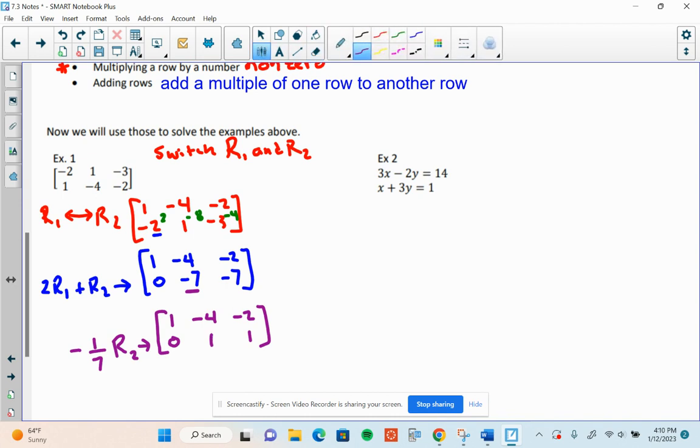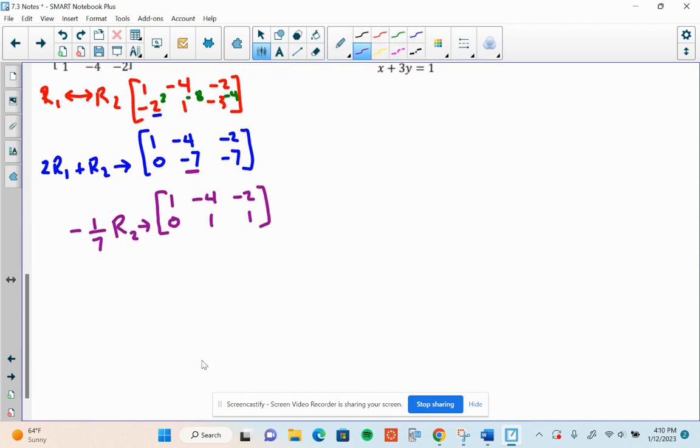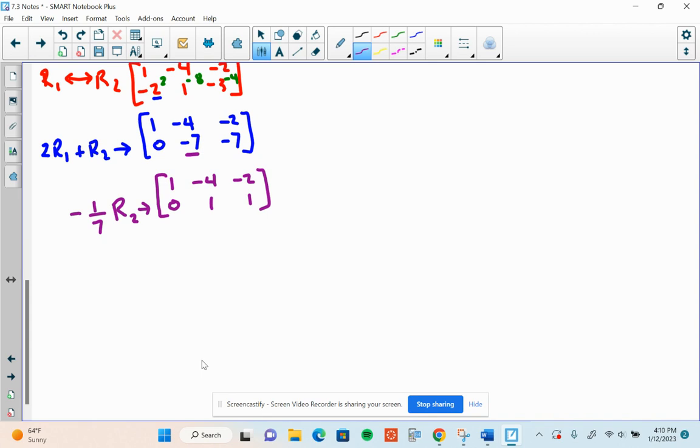Now I'm going to use the 1 to get rid of the negative 4 that's above it, because I need a 0 right here. So I'm going to do 4 times row 2 added to row 1 and put that in as my new row 1.